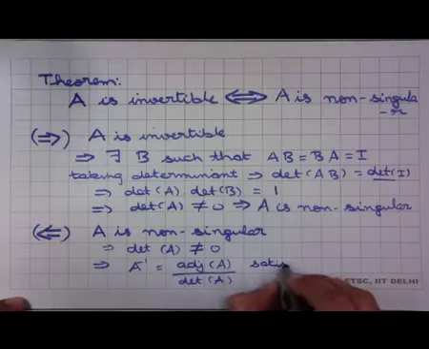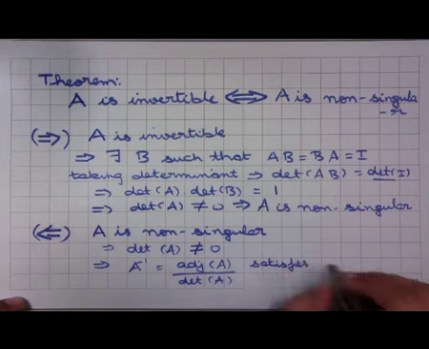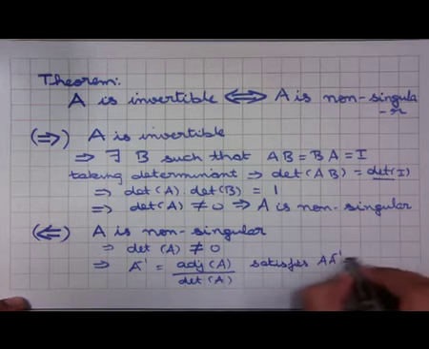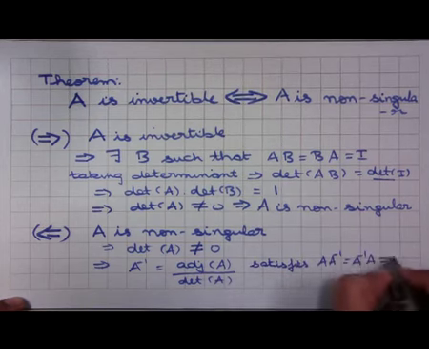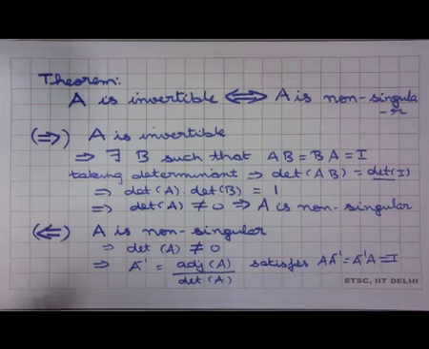This satisfies A inverse A equal to A A inverse equal to I, therefore A is invertible. So, the statement here was that A is invertible if and only if it is non-singular, and non-singular is defined in terms of the determinant. So, there you have it.